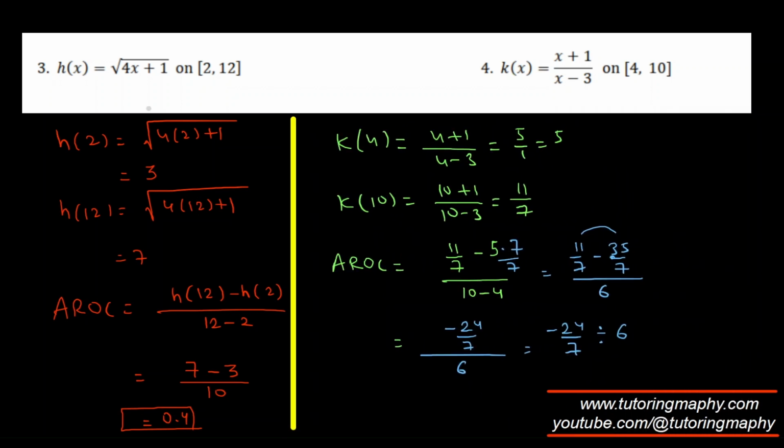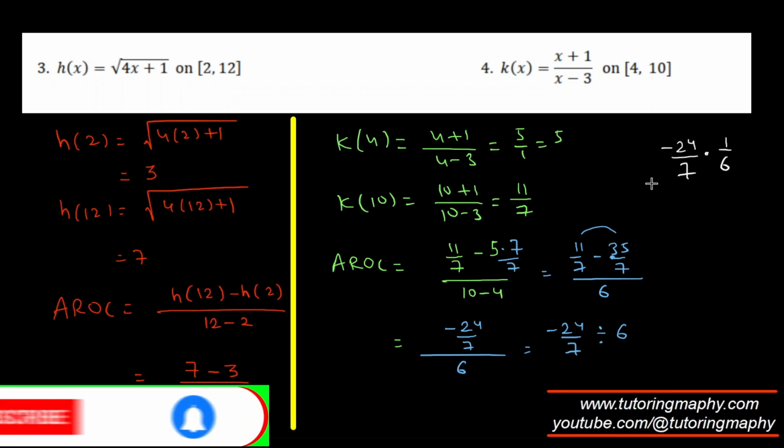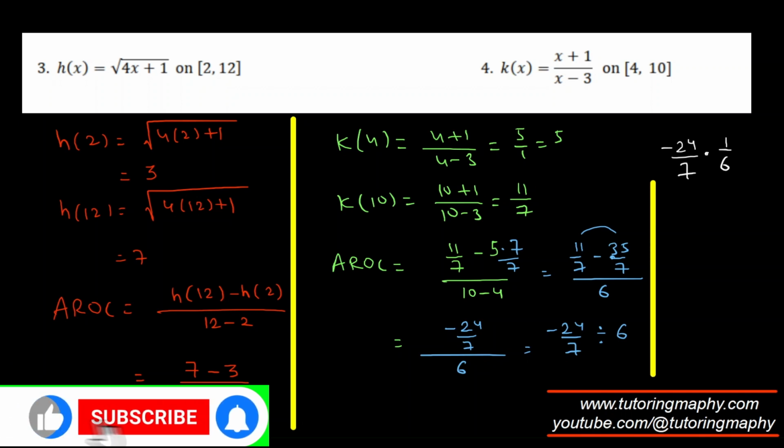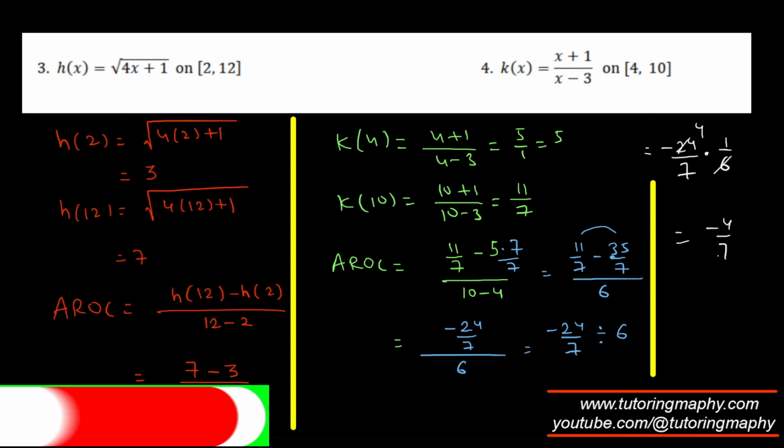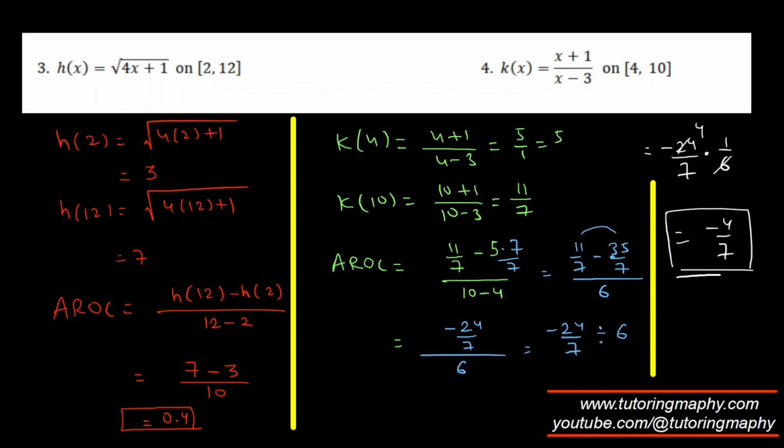If I use keep change flip now over here, we keep, change, and flip, right? So we change the sign and then we flip it. So we have flipped the 6 to 1 over 6. 6 times 4 is 24. So the final answer is negative 4 over 7. That should be our final answer.